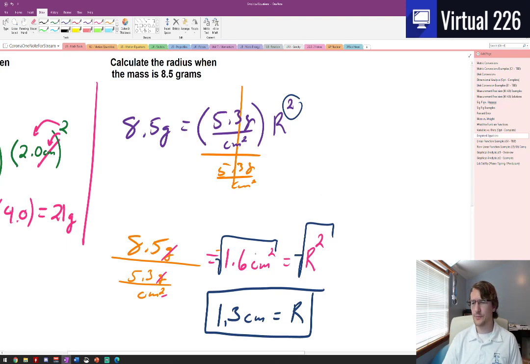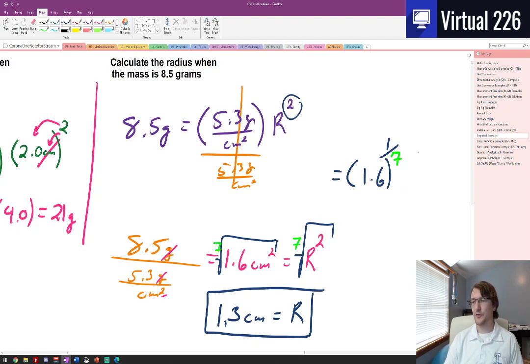You could have also, if you don't like putting the radical sign here, remember, if you take something like 1.6 and then raise it to the half power, that's the same as taking a square root. Or if you raised it to the 1/7 power, that's the same thing as taking a seventh root of things.